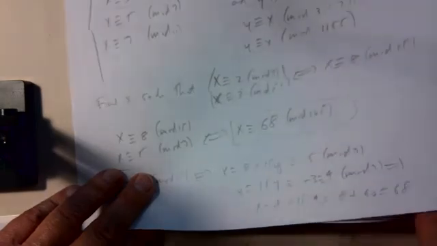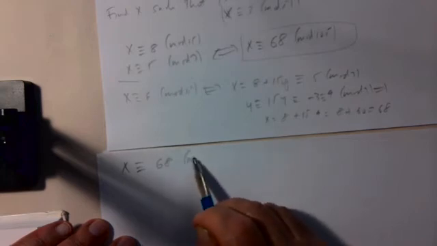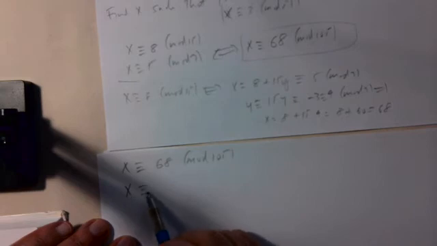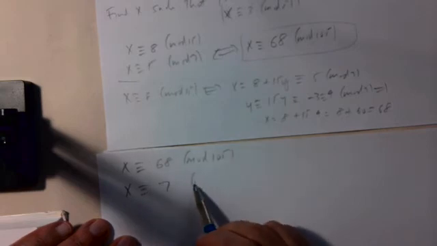But we now have to figure out the last congruence as well. So we want to find the number x such that x is congruent to 68 mod 105, and x is also congruent to 7 mod 11.